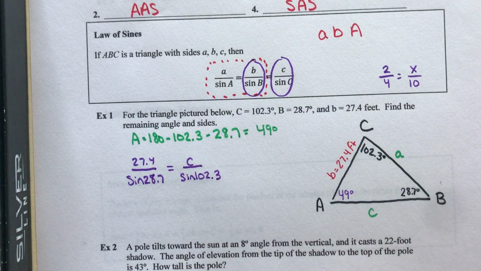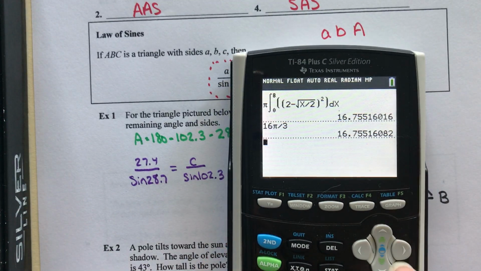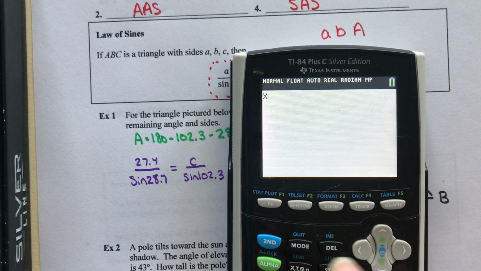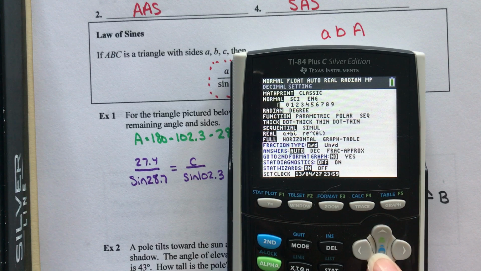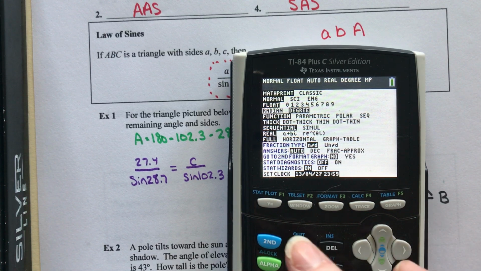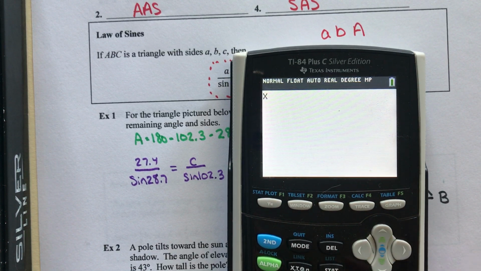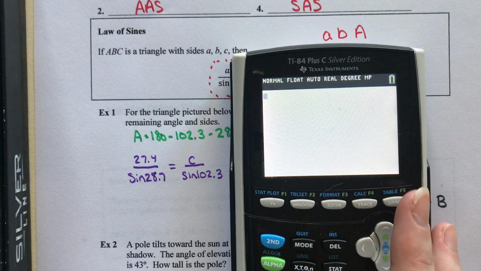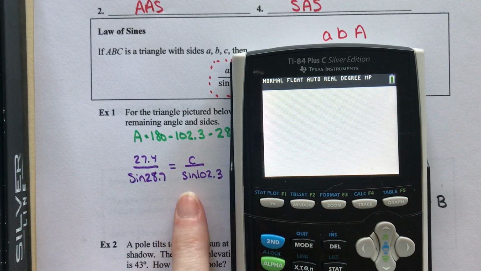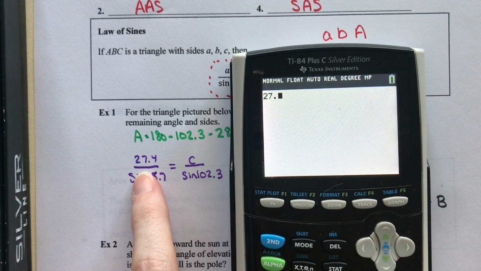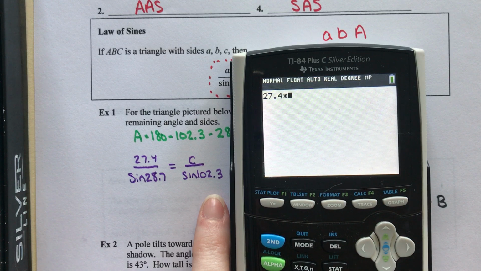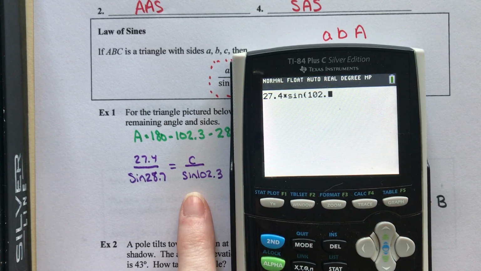So I'm going to get my calculator out. Now for this I want to be in degree mode, so go to your mode and switch it over to degrees. Okay, so I'm going to do my cross multiply, and I'm going to multiply 27.4 times sine of 102.3. Press enter.